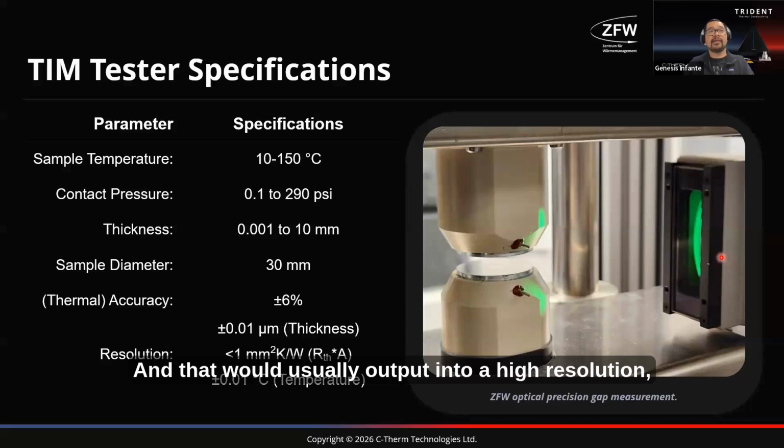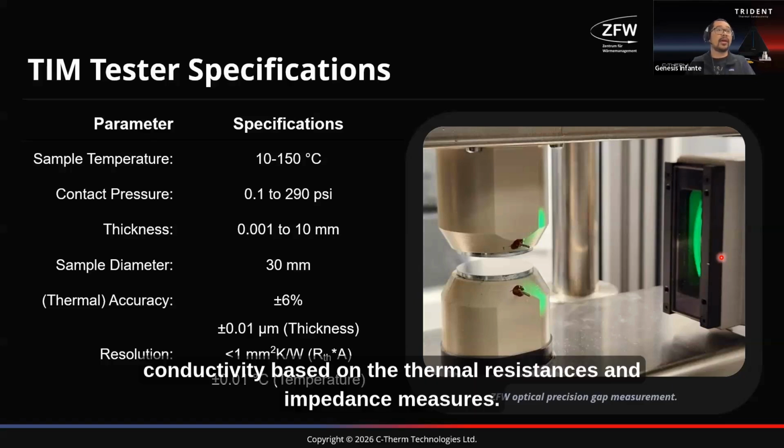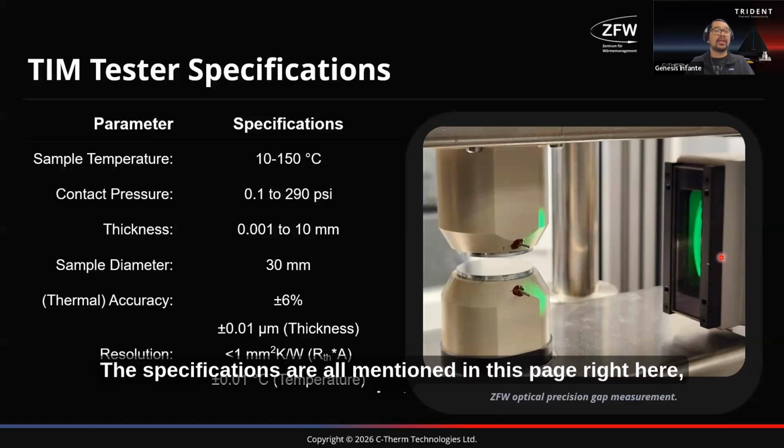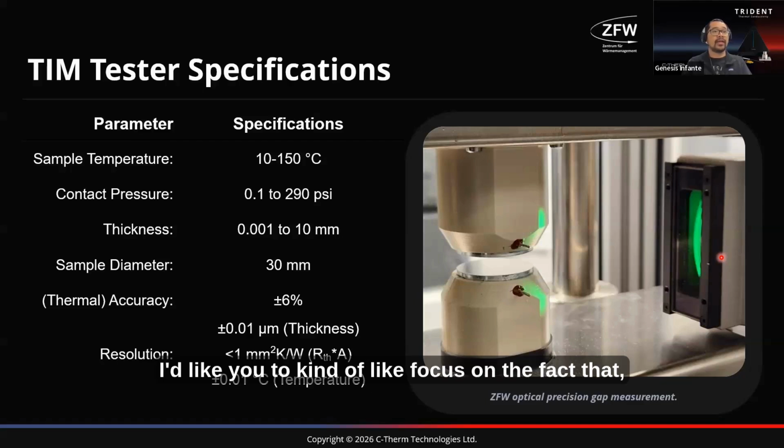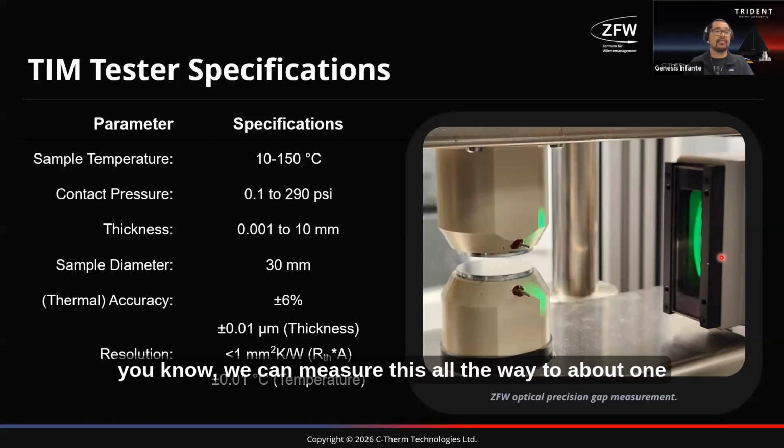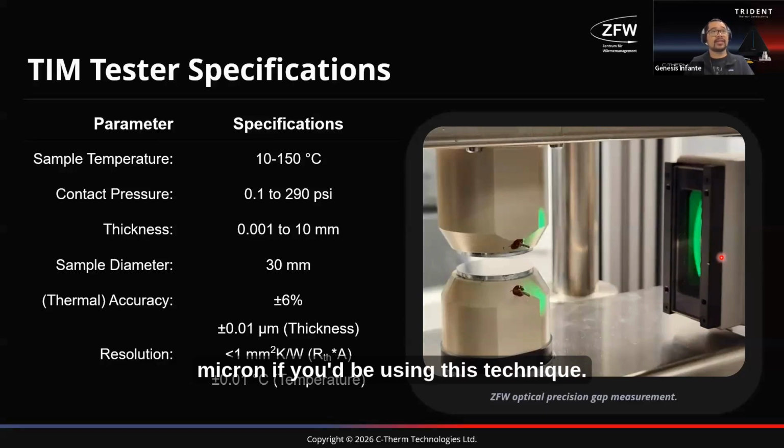And that would usually output into a high resolution, high accuracy thermal conductivity based on the thermal resistances and impedance measured. The specifications are all mentioned in this page right here, but I'd like you to focus on the fact that we can measure this all the way to about 1 micron if need be using this technique.